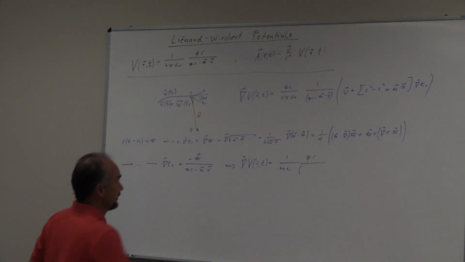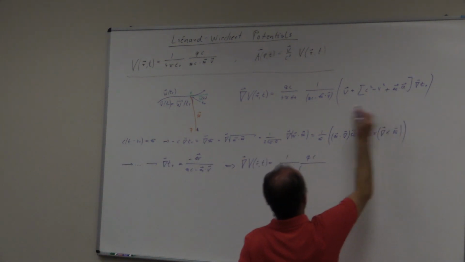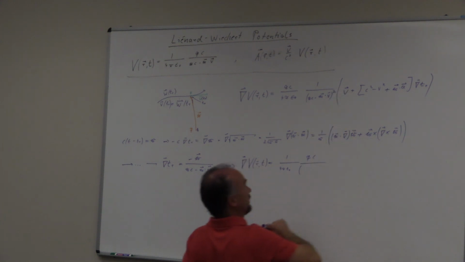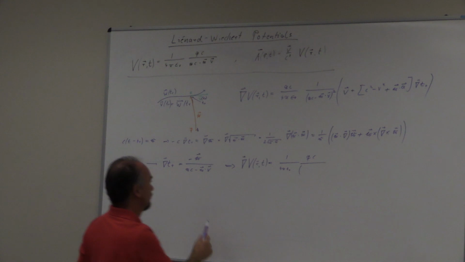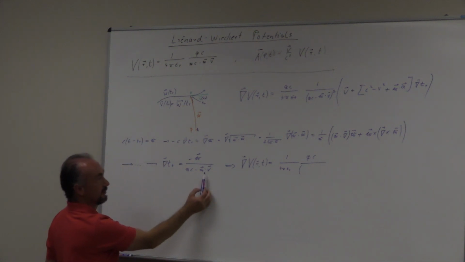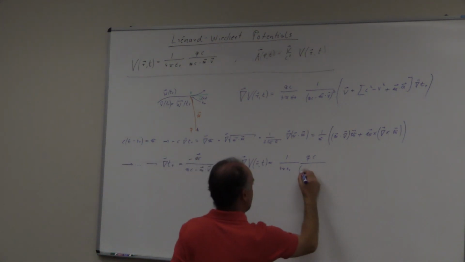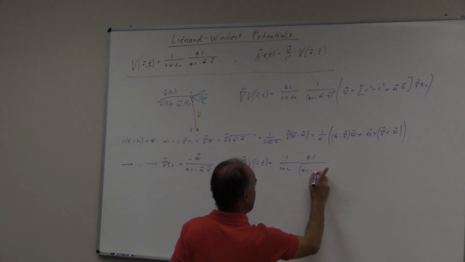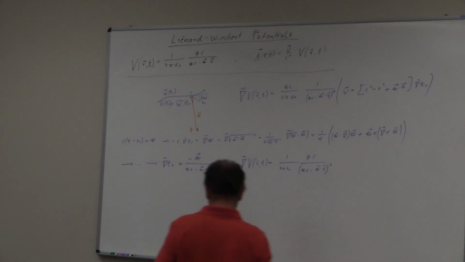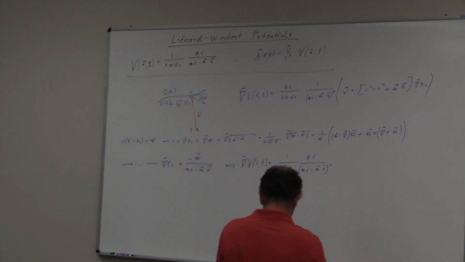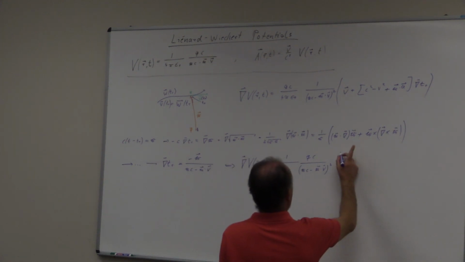So you can see that we get yet another factor. And there's another factor, 1 over RC minus R dot V coming in. So we actually get 3 of these factors here. V to the 3rd power, and then the remaining terms.